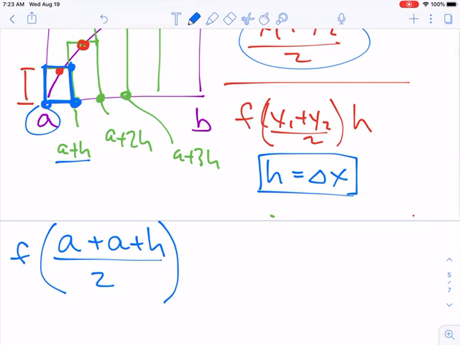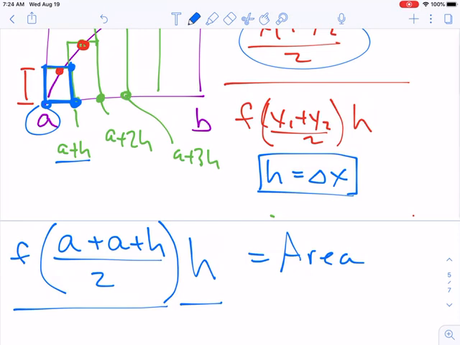If I want to find the area of the rectangle, we then multiply the height of the rectangle by h. So remember, this is the height of the rectangle, this is the width of the rectangle, and that gives me the area of the first rectangle.